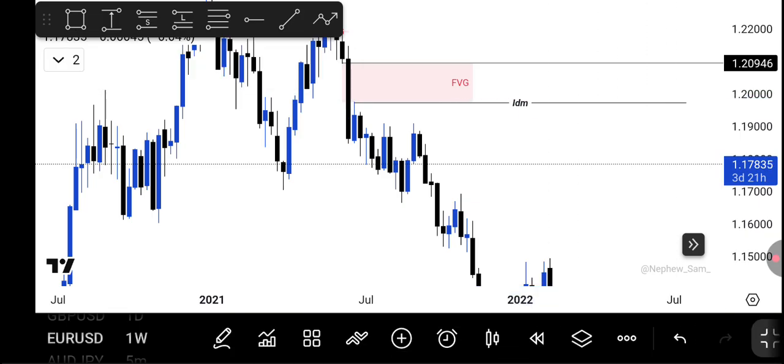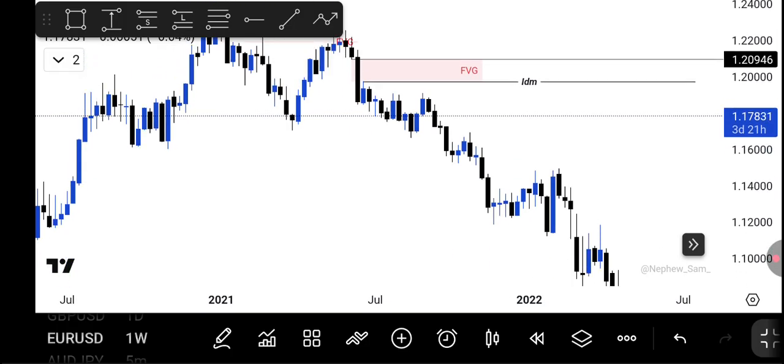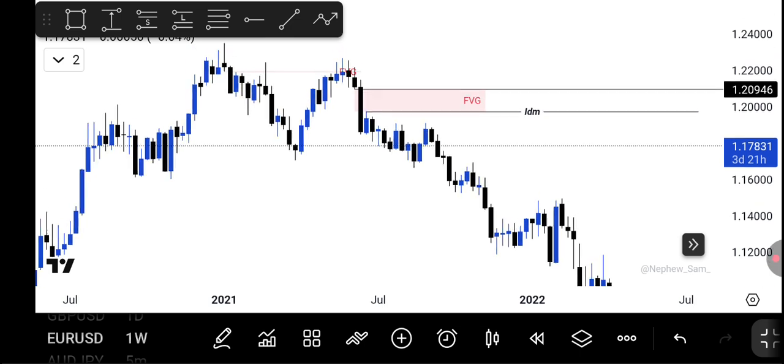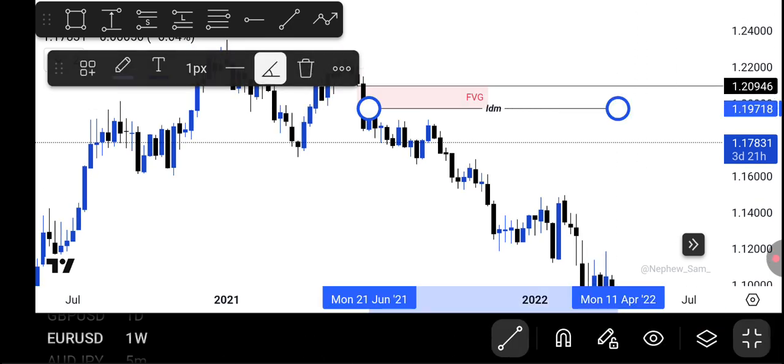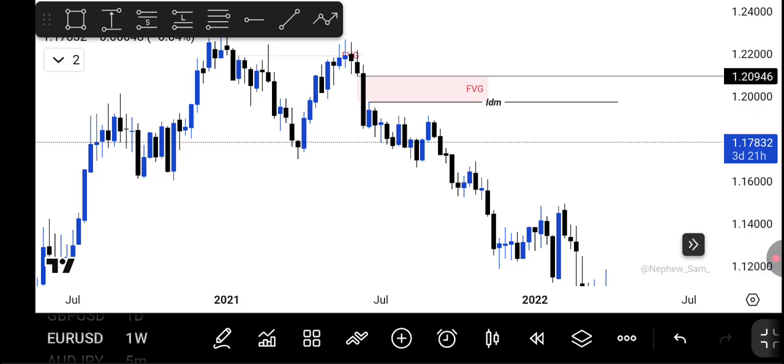Inducement is the first pullback which the market makes, before we move to the downside. So that is our inducement at that area. We have our inducement, we have our fair value gap, and we have a clean order block on the weekly time frame.